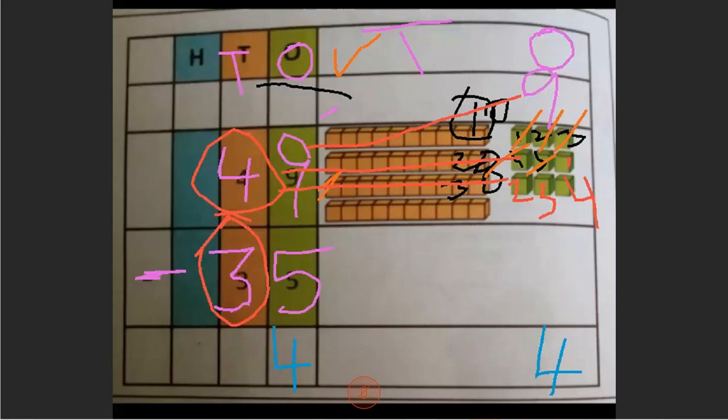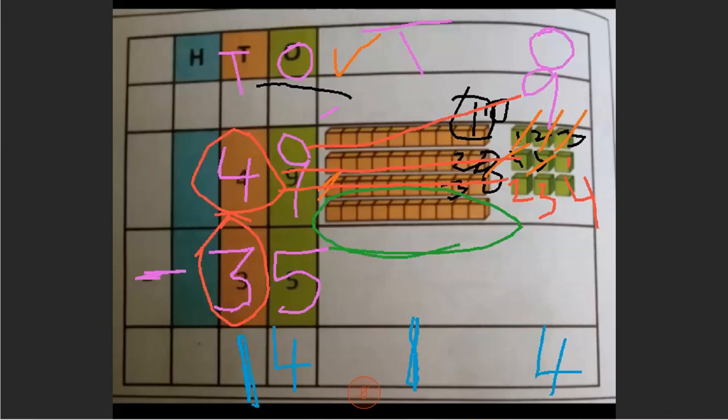Yes, only 1 box is remaining. So a total of 10 is remaining. So 1 is in the tens place and 0 is in the ones place. So now only 1 box is left in the tens place. So we will write here 4 minus 3 is equal to 1. Here also you can write with the numbers. 4 minus 3 is equal to 1 box left.